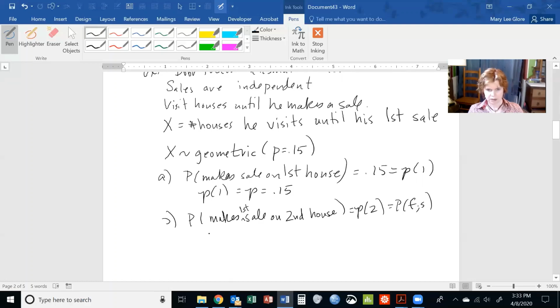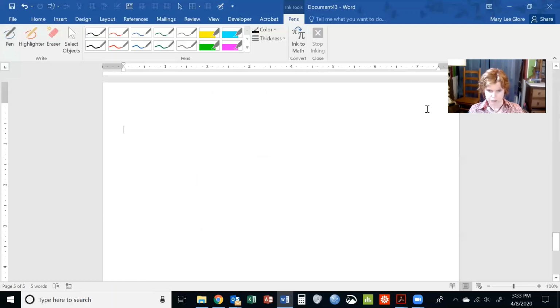So P of 2 is P times Q to the 1, which is PQ.